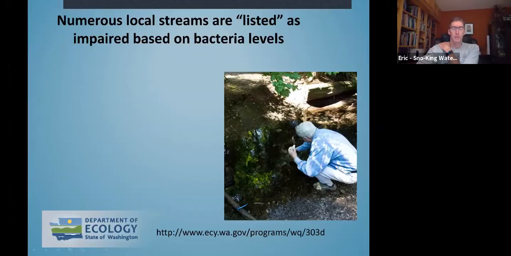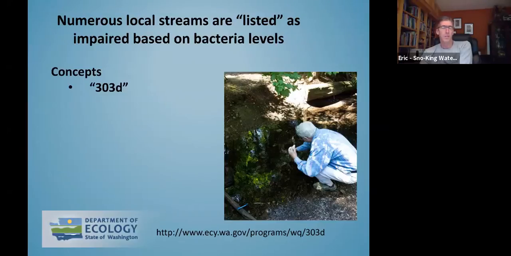We talked about a concept of what's called listing. So a couple concepts here. One is what's called a 303D list. Section 303D is a section of the Federal Clean Water Act. And under that section, a creek or a water body can be identified as being impaired due to a specific pollutant. And that could be bacteria, but it could also be low dissolved oxygen.